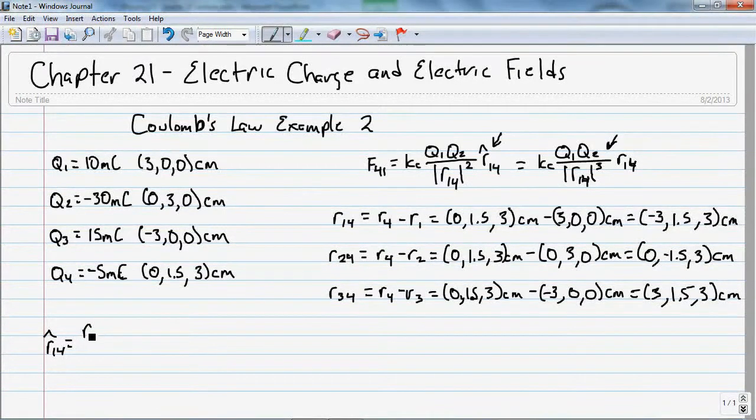That's going to be R14 over the distance, and the distance is just the square root of minus 3 squared plus 1.5 squared plus 3 squared.